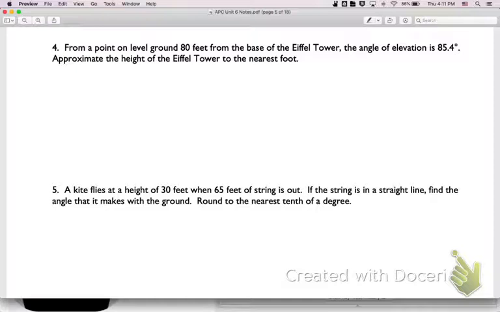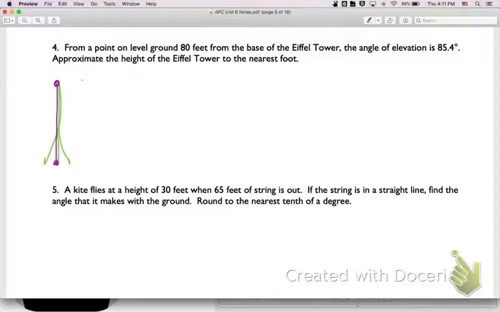So we have the Eiffel Tower, whatever the Eiffel Tower looks like, something like that, not really. We have the height of the Eiffel Tower, and we are measuring from there. I'm going to draw this in like a regular triangle over the top. So we have the height of the Eiffel Tower right here.